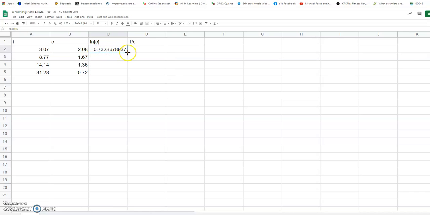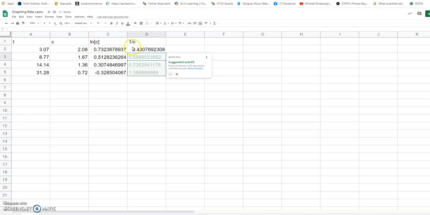Once I do that, I can take this, drag it, and it does it for all the cells. Then I want 1 over the concentration. So again, I'm going to tell it equals 1 divided by this cell. Enter. Then I can go through here and make it do that for all of them.